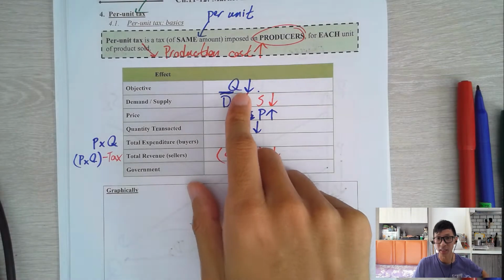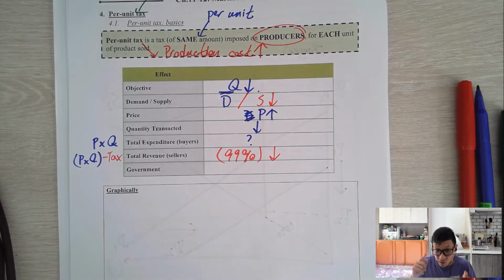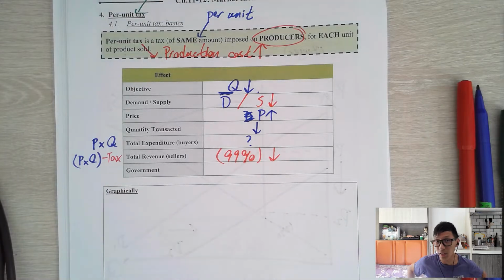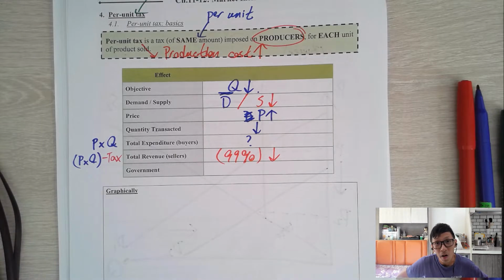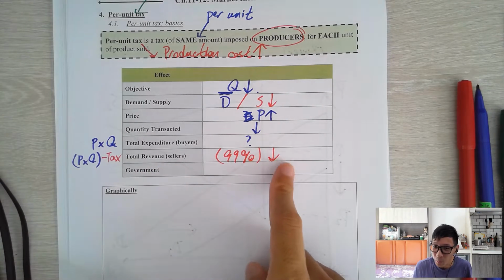The objective is to lower the quantity. For the tobacco tax, how do we reduce it? To make sure the tobacco producers cannot earn that much. If we impose a tax and somehow total revenue increases, isn't that counterintuitive? If they earn more after tax, they would produce more, which would be silly. By this logic, we know that total revenue would decrease.